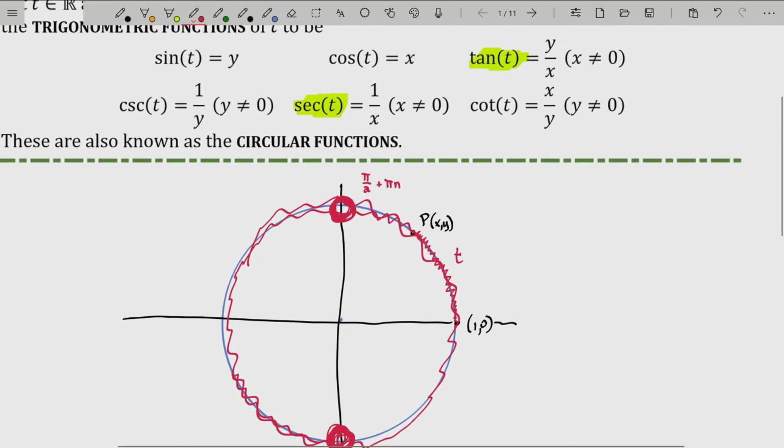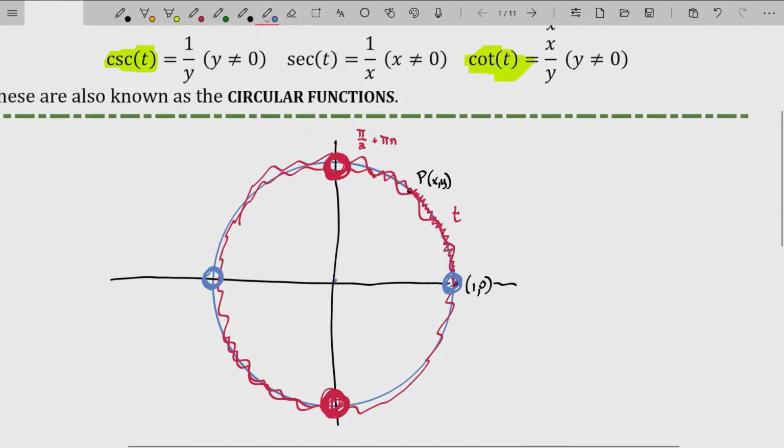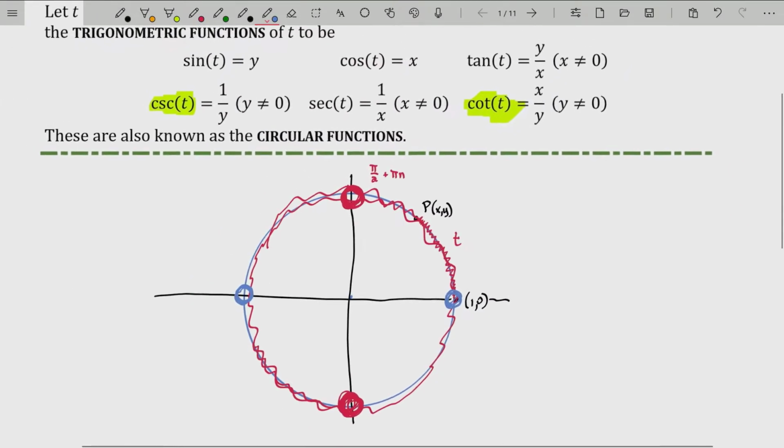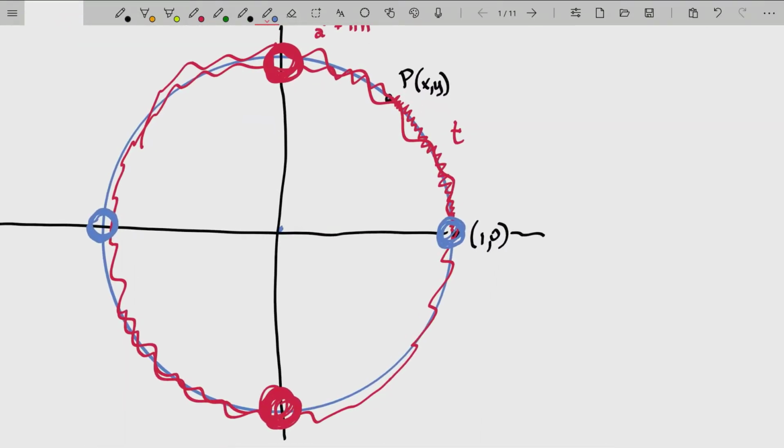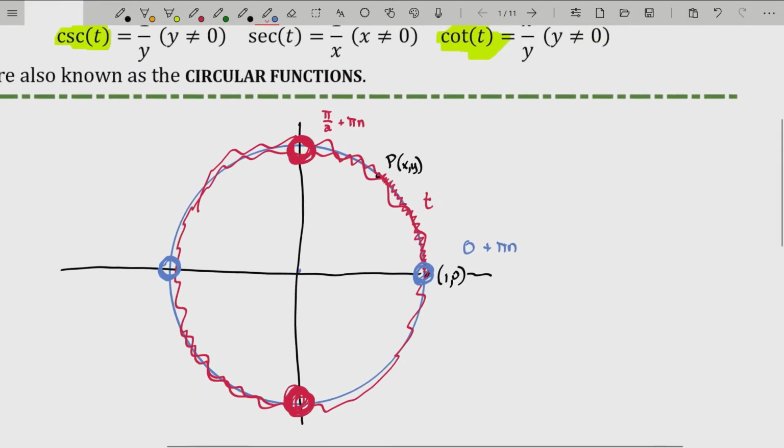And now let's just talk about the other two, which are going to be the cotangent and cosecant. So cosecant and cotangent, notice their denominators are y's, and we do not want y to be 0, and that happens on the x-axis. So by a similar argument to what we did for the tangent and the secant, if you start at 0 and you add any integer multiple of pi, then you're on the x-axis, and so your y value is 0.